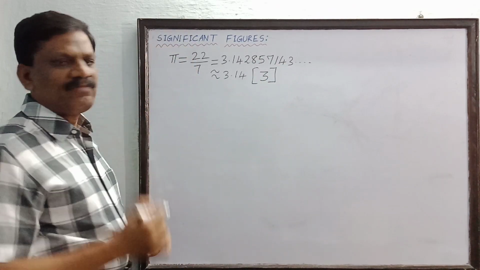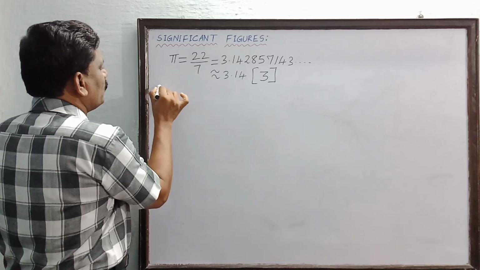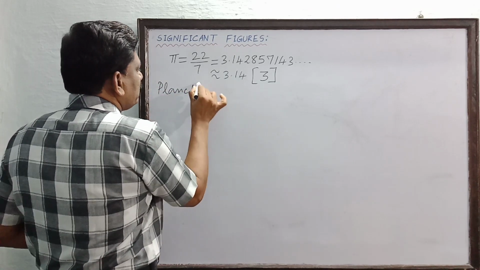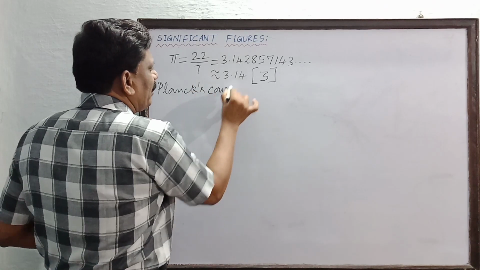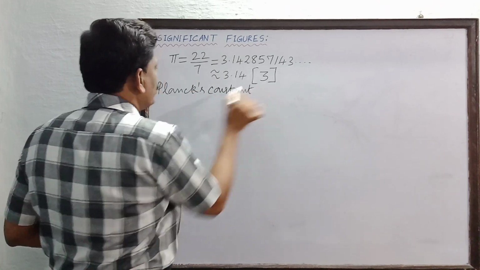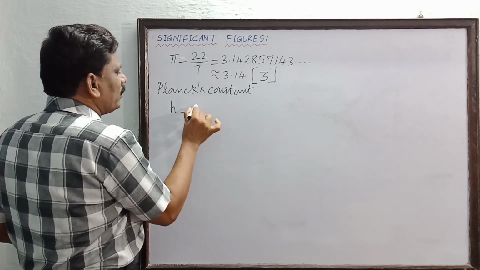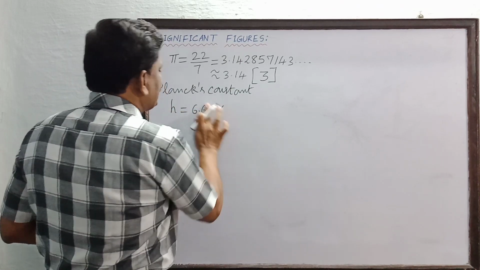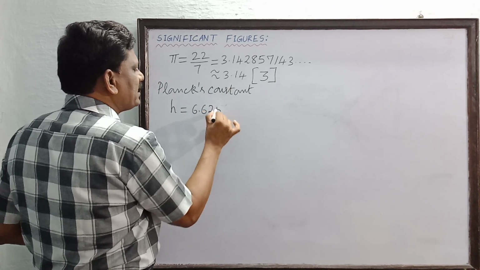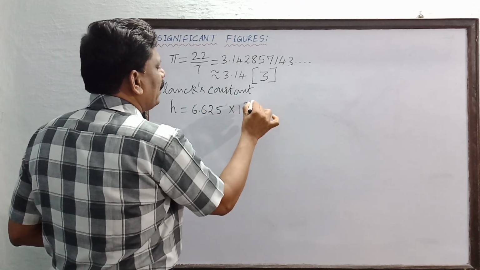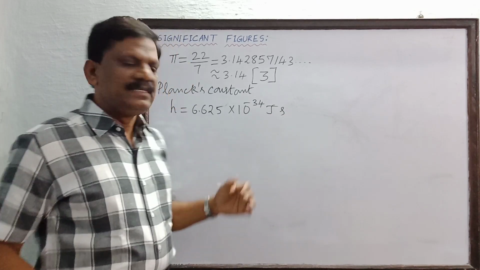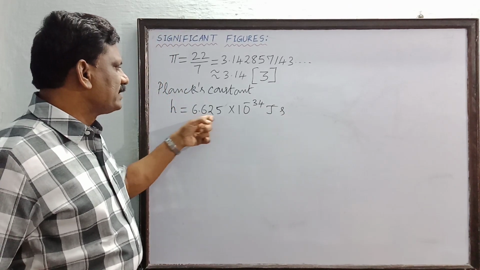Okay, one more example for you. I will take Planck's constant. The symbol for Planck's constant is h. So h is equal to 6.625 into 10 to the power of minus 34 joule second. You can see the base number is 6.625.